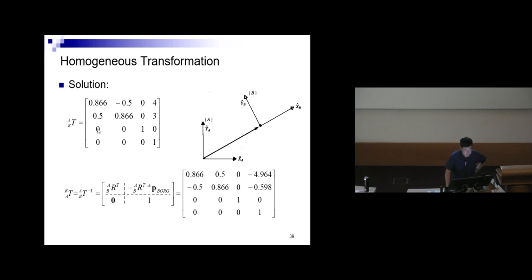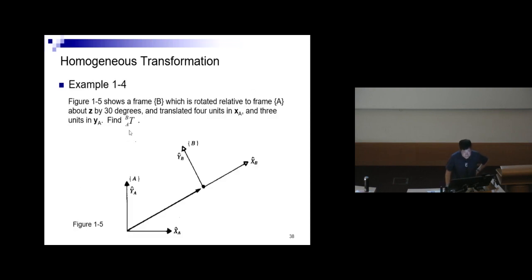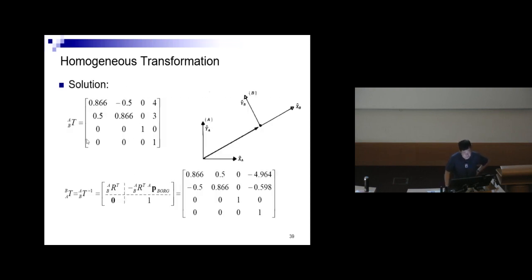So you want to find the BAT, which is the inverse, but you know the ABT. ABT comprises a rotation matrix, the ABR, followed by a translation vector. So this is the matrix ABT. The BAT will be equal to your ABT inverse. ABT inverse, we know, is equal to ABR transpose, minus ABR transpose APB origin.